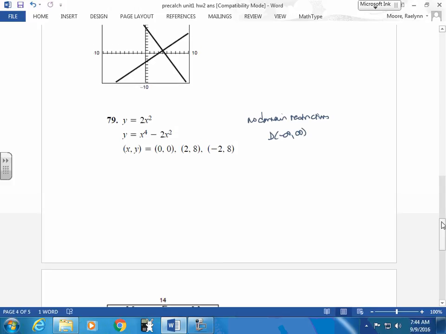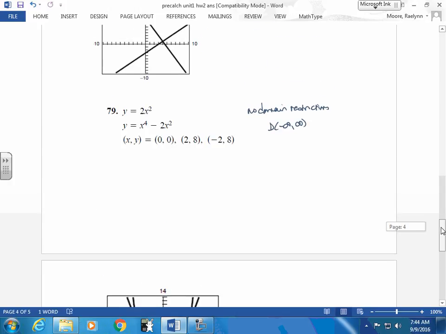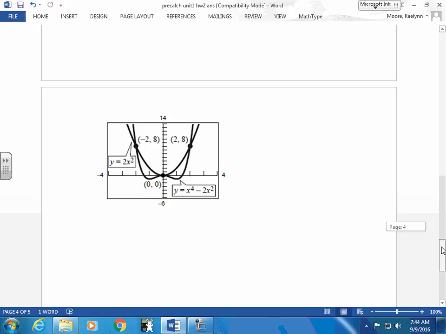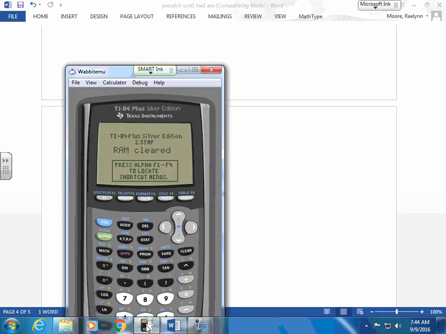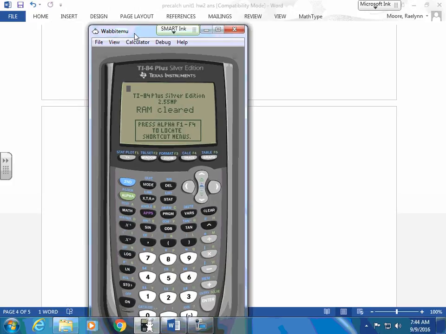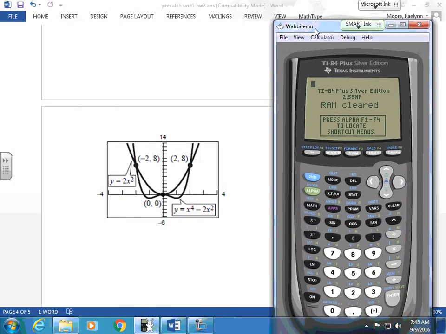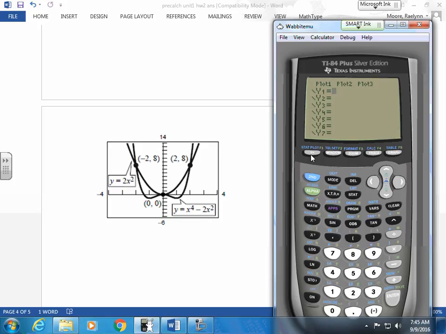Did you have to solve it graphically or algebraically? Graphically. So all you had to do was put it in your graph. Go to your y equals and plug in the first one, 2x squared, and plug in the second one, x to the 4th.